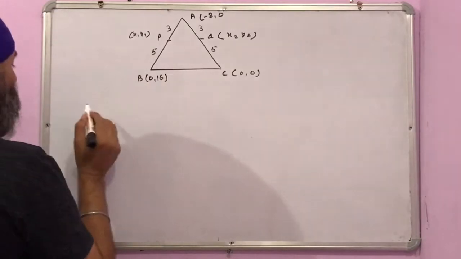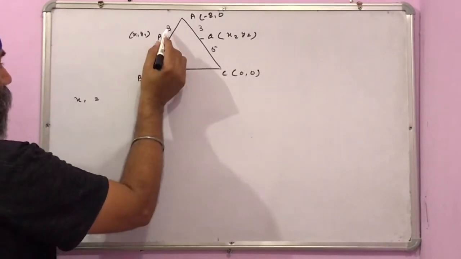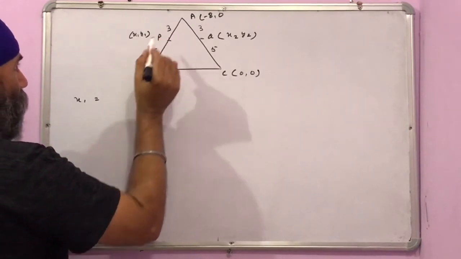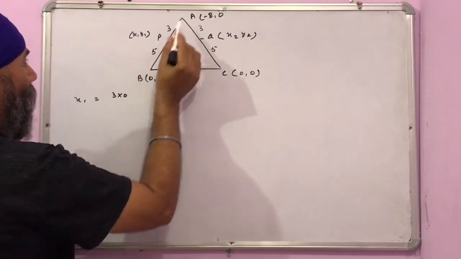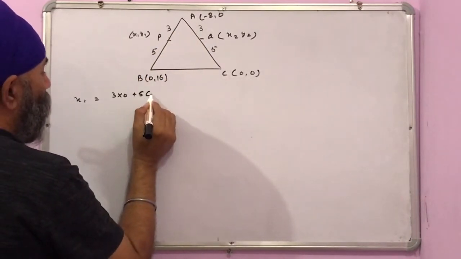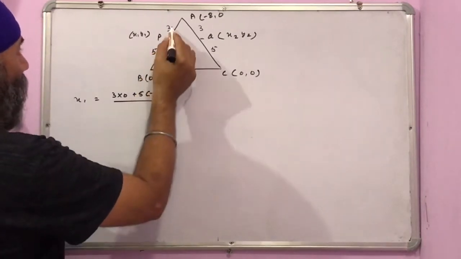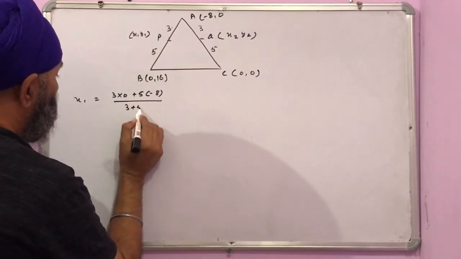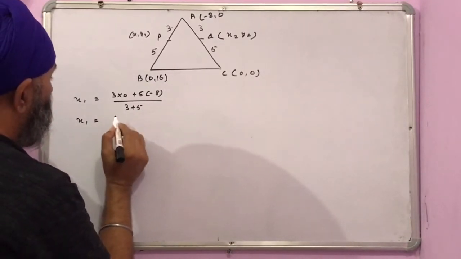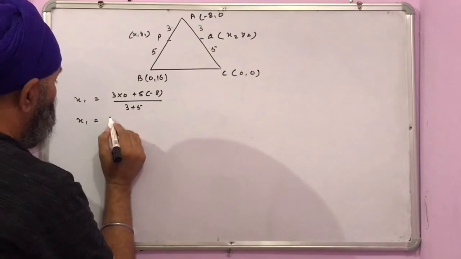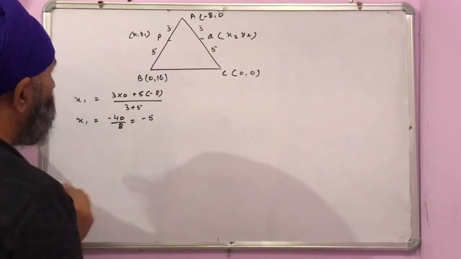So we apply section formula. What will be x1? m1 x2 is 3 into 0 plus m2 x1 is 5 into minus 8, upon m1 plus m2. I apply section formula. So x1 is 0 minus 40 upon 8, that is minus 5.